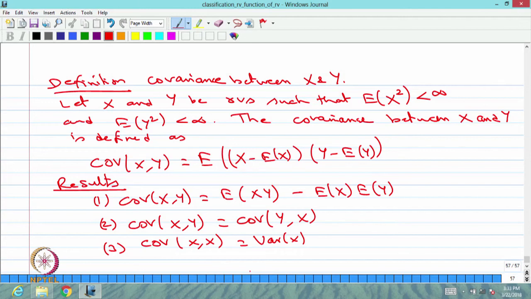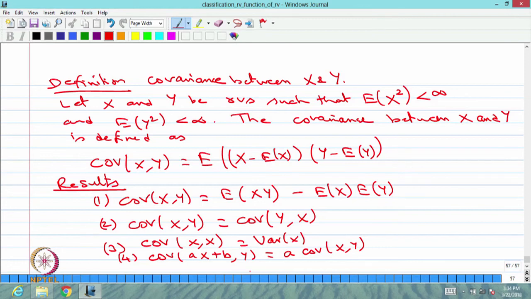The fourth property is the covariance of ax plus b with the other random variable y. If you expand by using the definition of covariance, you will get a times the covariance of x comma y, and the covariance of b with y, which is going to be 0.